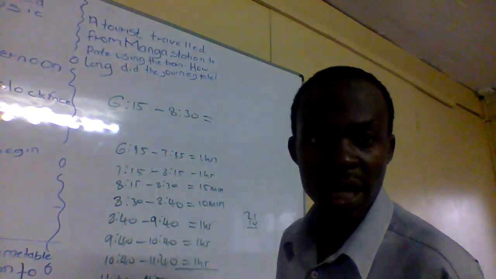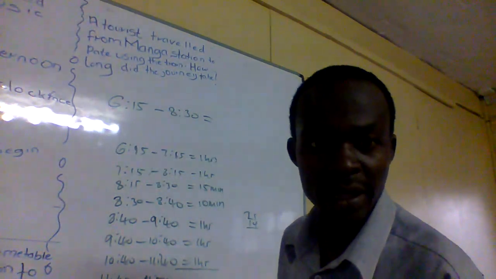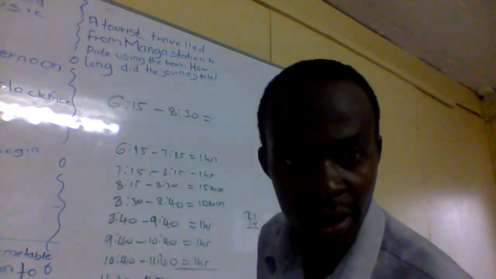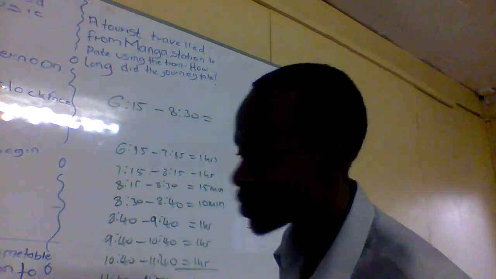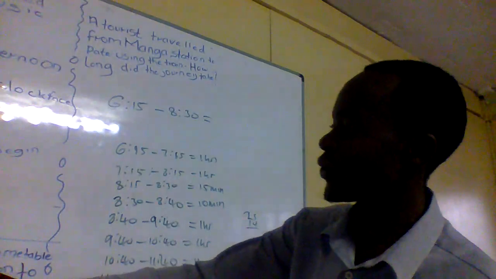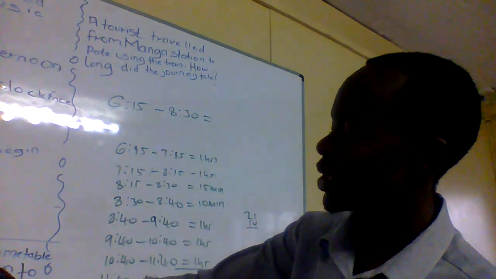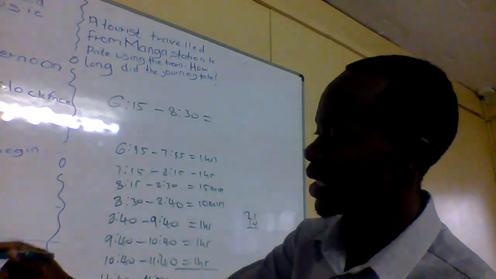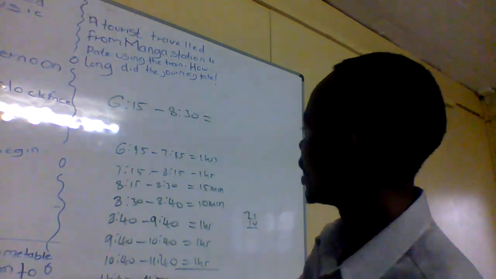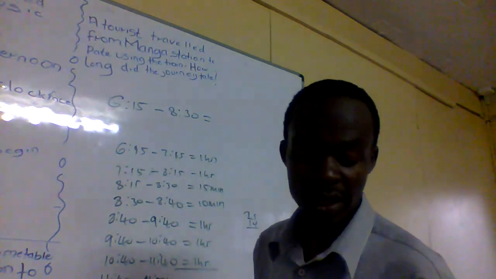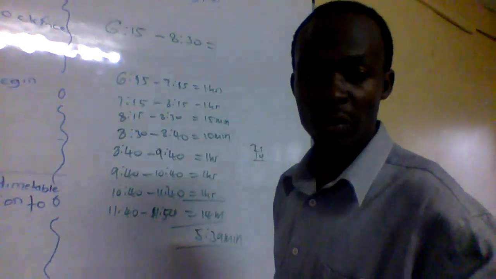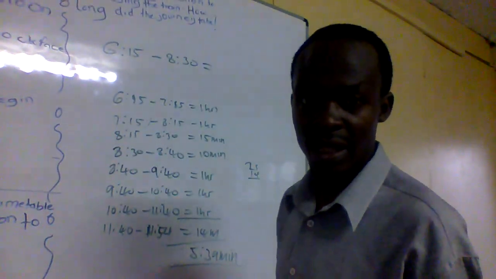Now, as they asked, the departure was at Manga, therefore Manga had no arrival, and the destination was at Pate, so Pate had no departure. Therefore you can use the long method so long as the answer is right. What we are after is getting the right answers in exams.